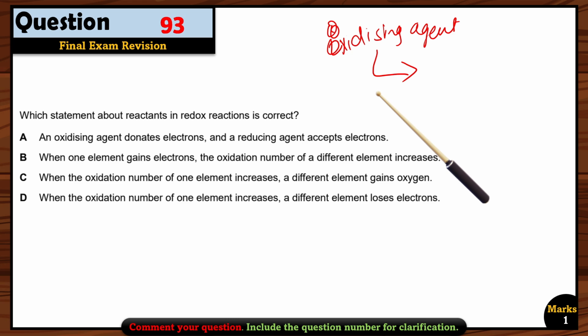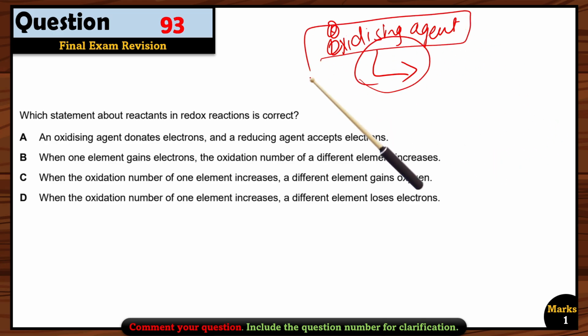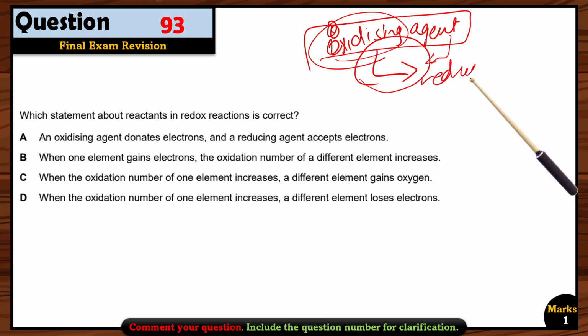So an oxidizing agent will always be reduced. Remember that one. It will never oxidize. So don't get confused. Most of the time students get confused. They think the oxidizing agent is the compound or element that is actually oxidized. No, the agent's job is always the different one. So if it is working as an oxidizing agent, it means it itself is reduced. So an oxidizing agent is always reduced.